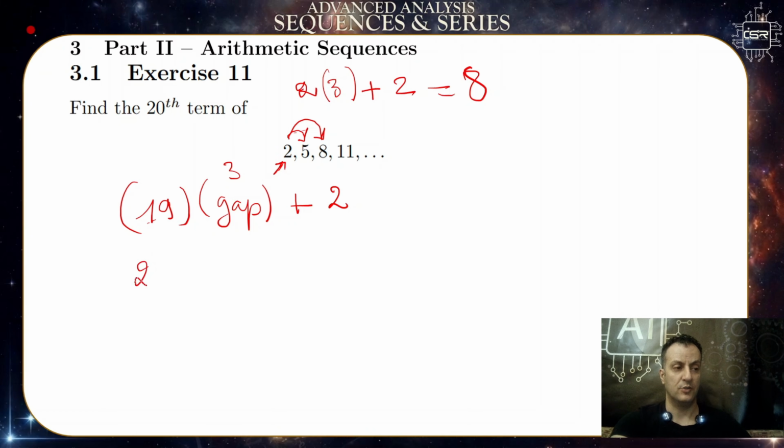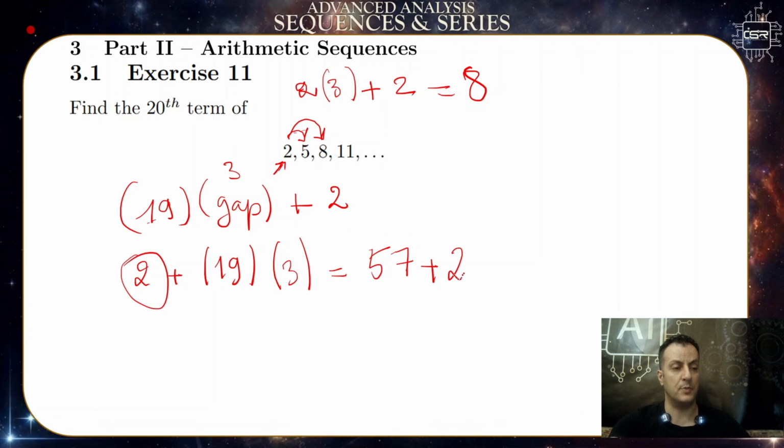So 2 plus 19 steps, because the 19th jump plus the first term is equal to 20, multiplied by the gap, which is 3. Hence, 3 times 19 is 57, plus this 2 over here, which is the original term, is equal to 59, if I'm not mistaken.